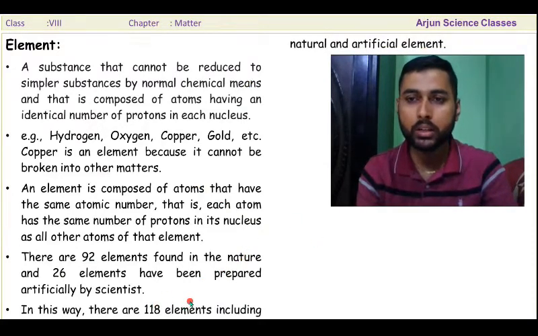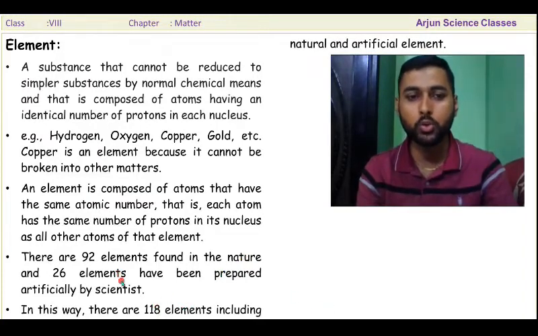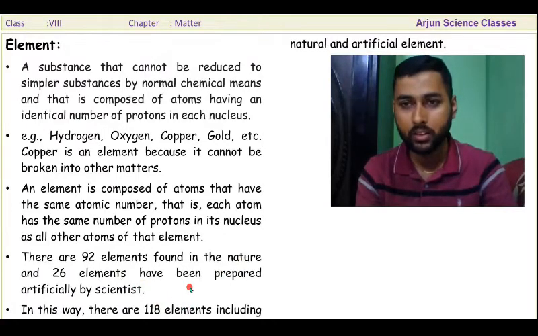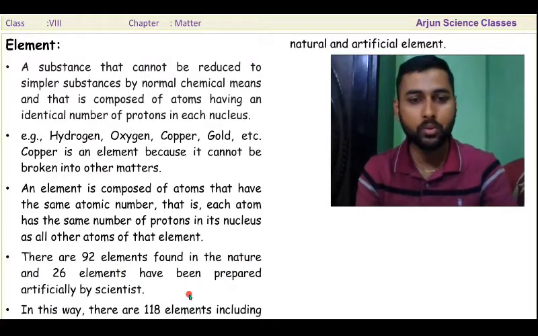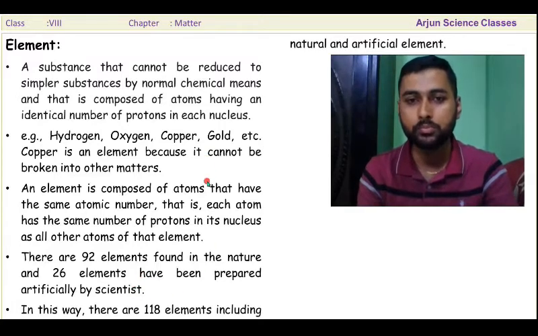Altogether, how many elements? 118 elements. 92 elements are found in nature, and 26 elements have been prepared artificially.